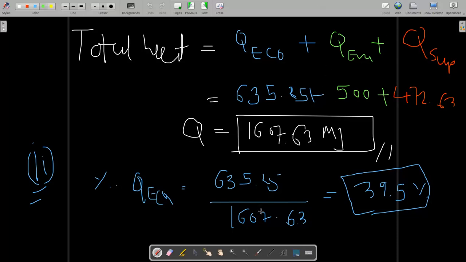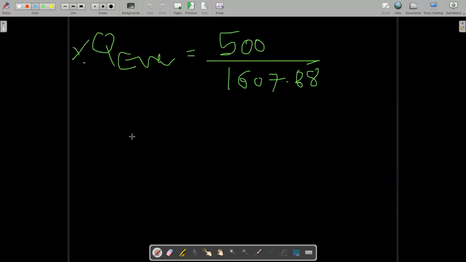Yes, it's 0.88, not 0.63 here. So there is a change, but your answer will not change very much, so 39.5 or 39.6, whatever you can write. The final answer will not be affected.